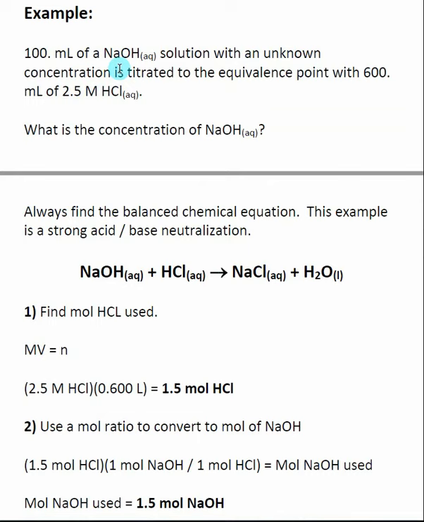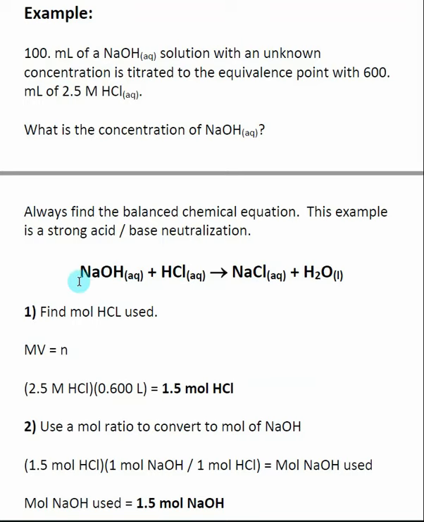We've already looked at that. We've taken NaOH and HCl, a strong base and a strong acid, and we're interacting them. We talked about earlier in this chapter how to come up with the balanced chemical equation, and this is it right here. What's important to note is that the reaction of NaOH and HCl is 1-to-1.